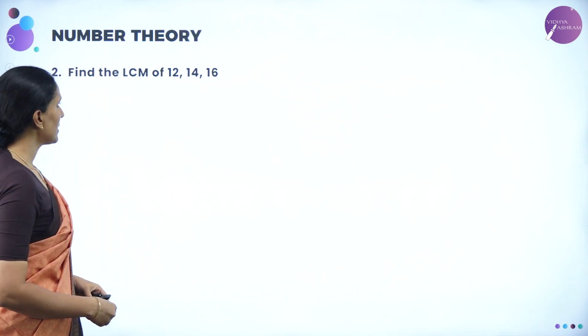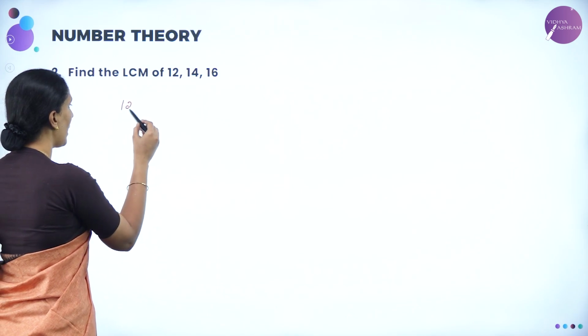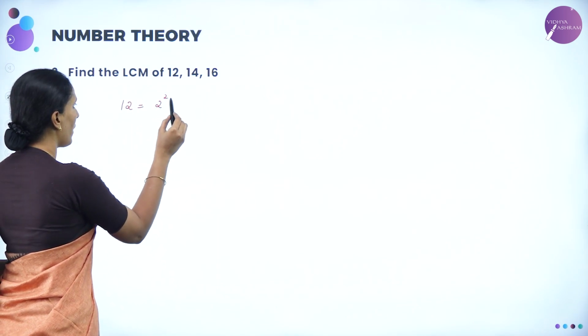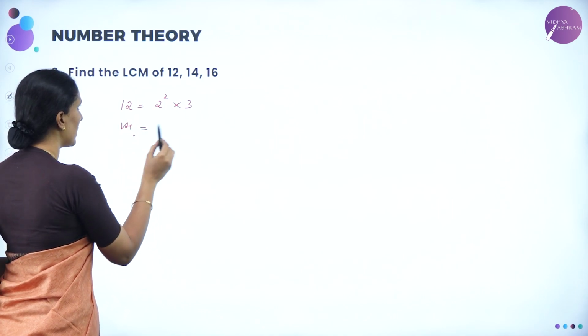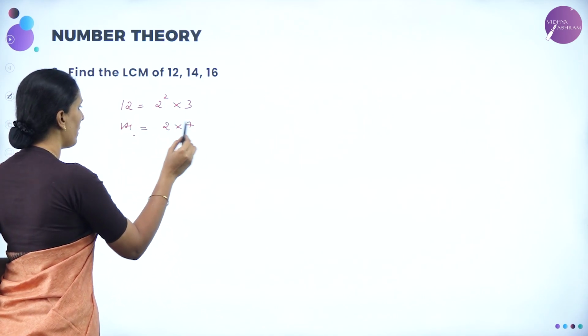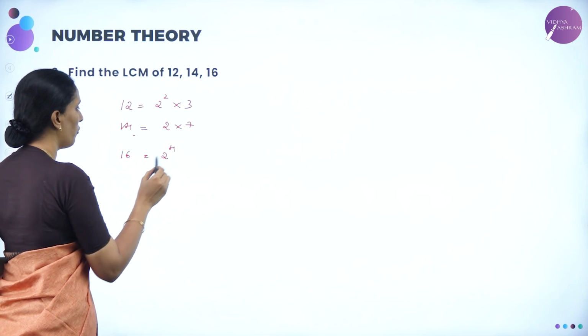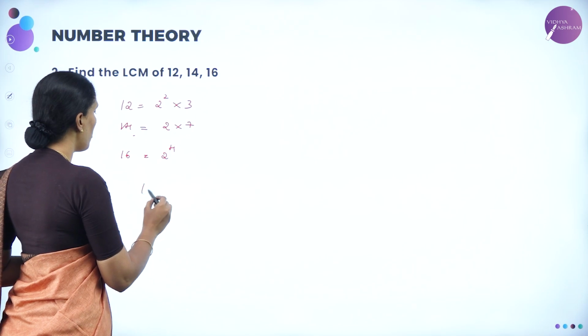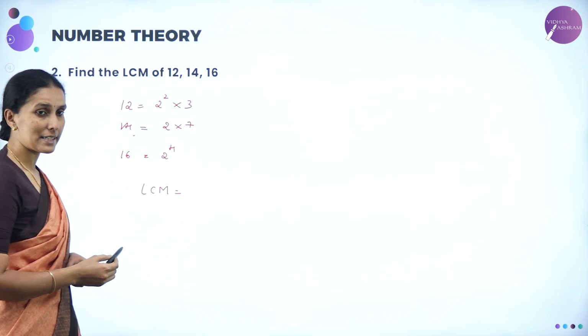Next, find the LCM of 12, 14, 16. So, 12 can be represented as 2 square into 3. 14 can be represented as 2 into 7 and 16 can be represented as 2 power 4. Now, the LCM of these numbers is the product of the factors with highest powers.